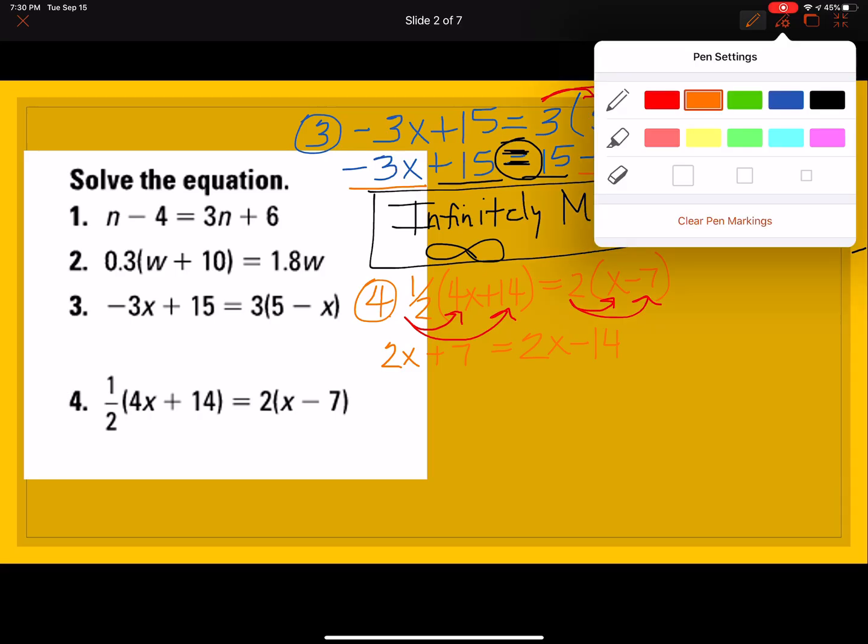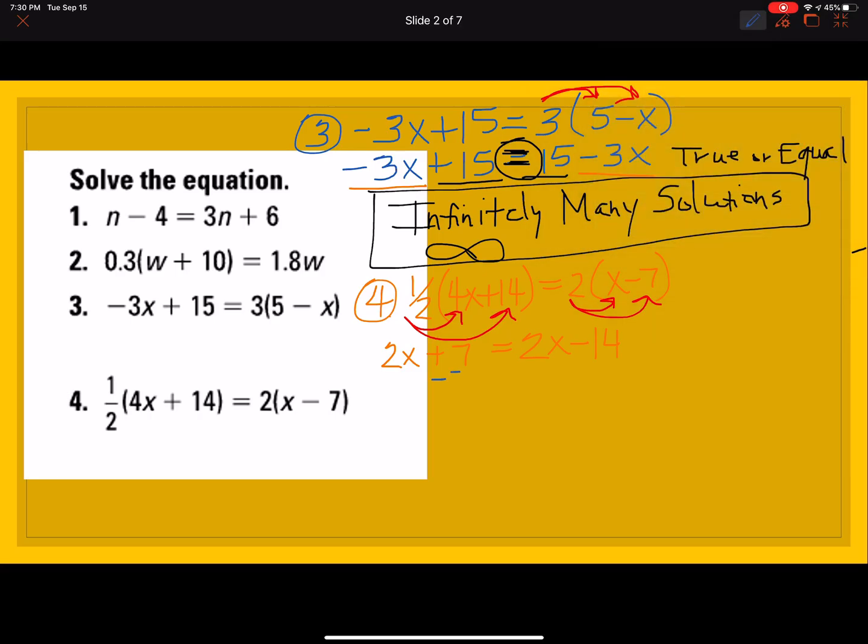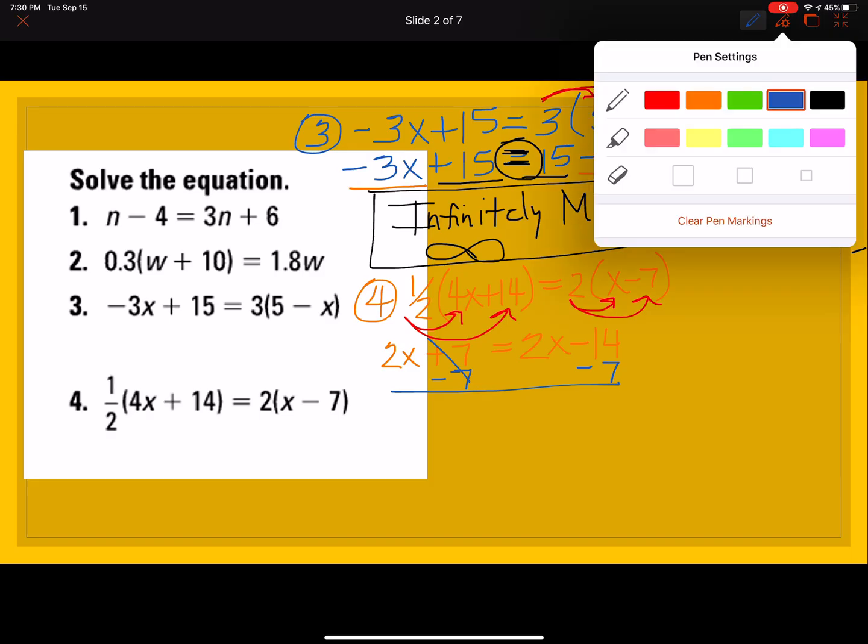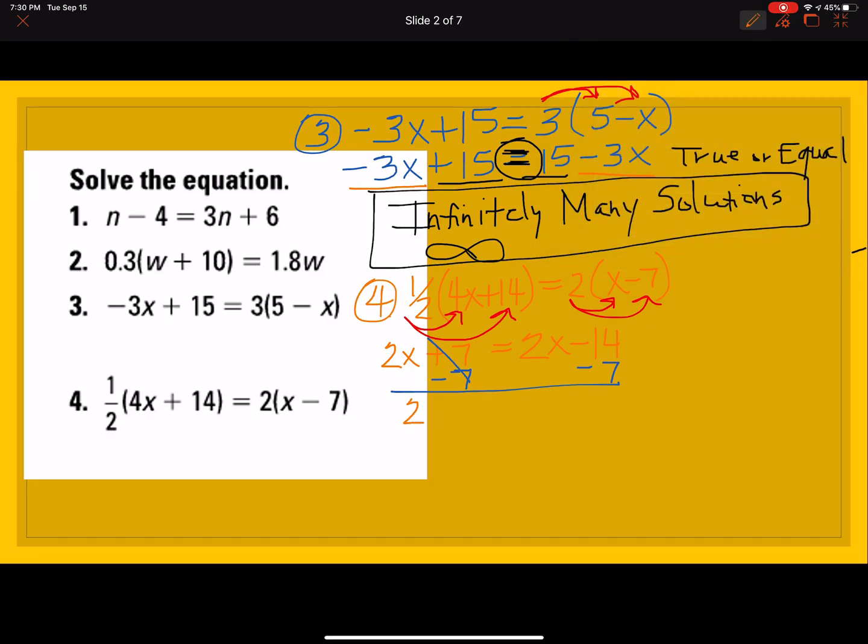Okay, I'm going to start solving this problem by subtracting 7 from both sides. That leaves me with 2x on the left side equals 2x. When I put in negative 14 subtract 7 into my calculator, I'm going to get a negative 21.